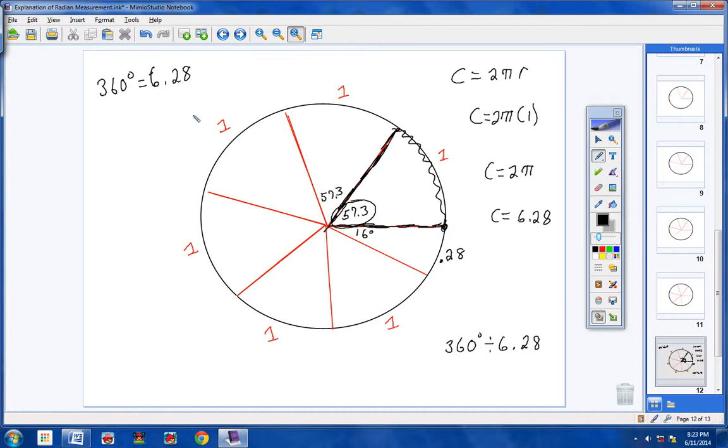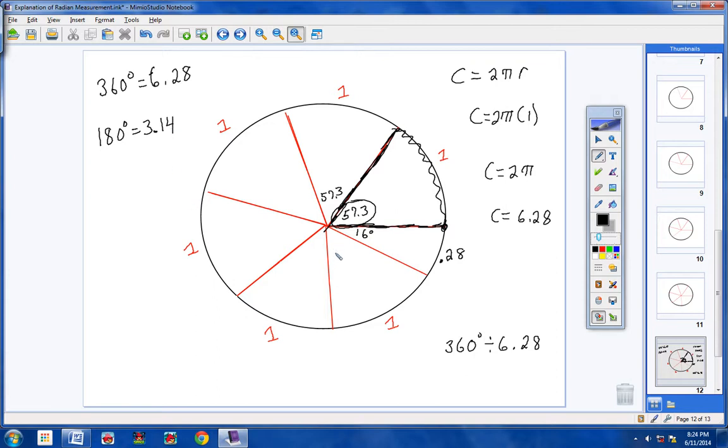So if I start here and go all the way around, that's 360 degrees. Or you could also say that's 6.28 radians. Let's cut the 360 in half, 180. And let's cut this in half. If 360 degrees equals 6.28 radians, then 180 degrees equals 3.14 radians.